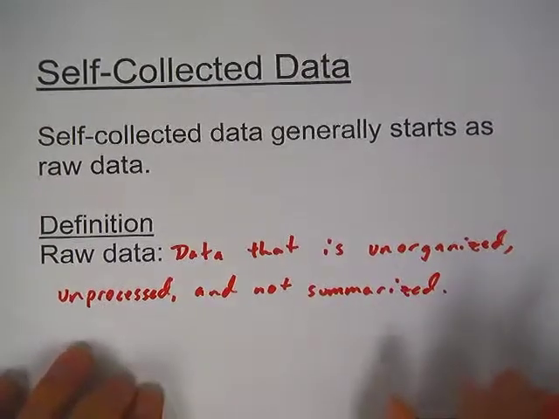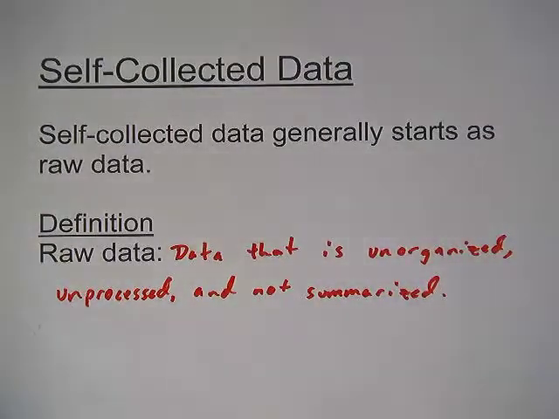So you haven't taken any averages, you haven't made it into a table. All it is is a big list of data. So that's what we call raw data. Once I collected my data, I would be able to answer that second research question.